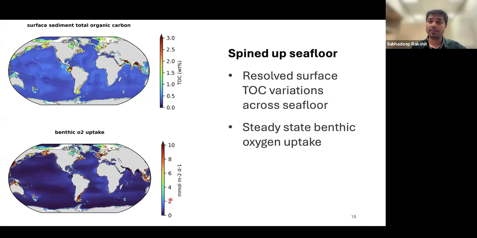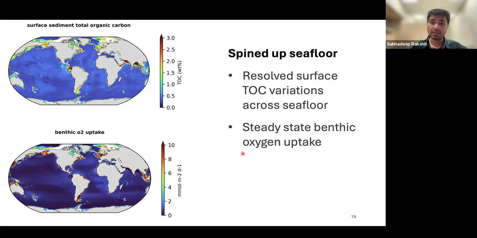So here is the spun-up version of the seafloor, which you can see. The top plot is the sediment surface total organic carbon, where you can see it captures the variation of the surface TOC throughout the globe. And in the bottom panel, you see benthic oxygen uptake information from the steady state seafloor.